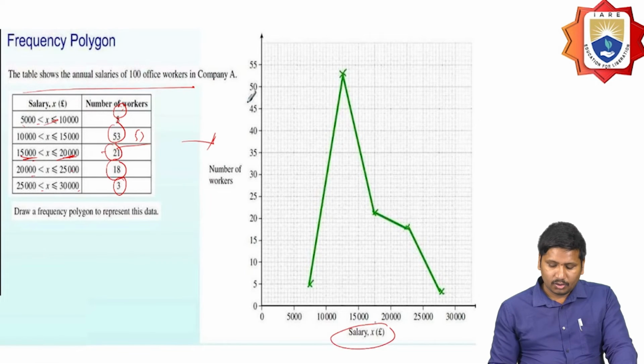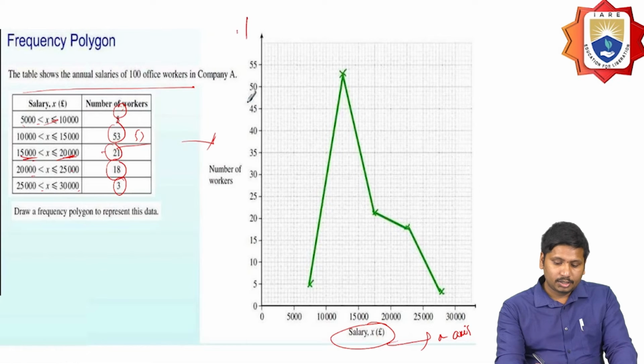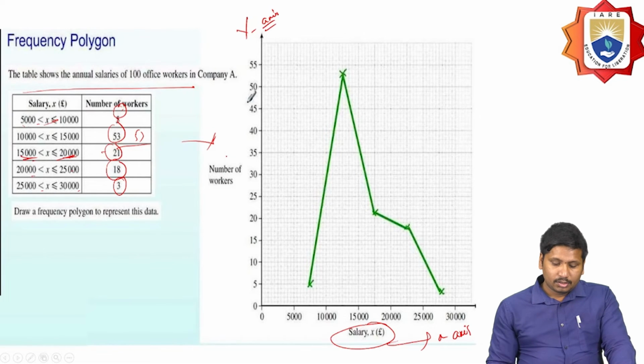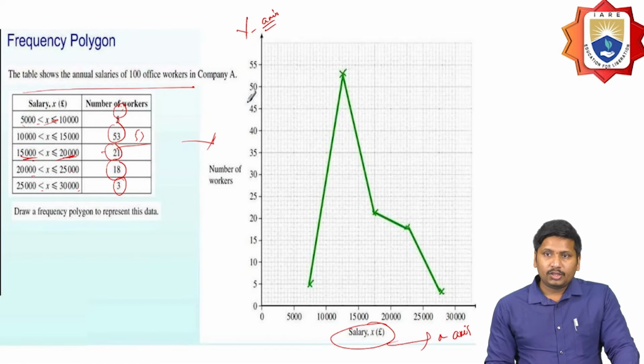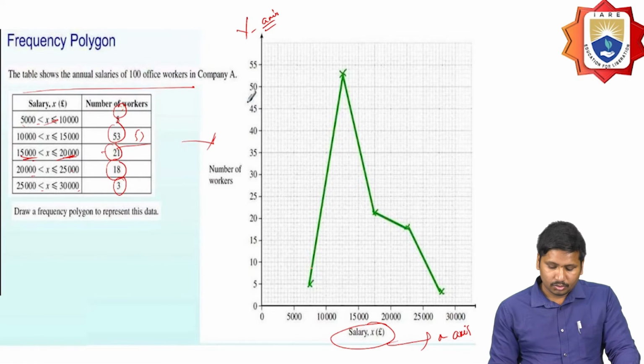Take salary on the x-axis here, and consider number of workers on the y-axis. So salary in between 5,000 to 10,000, the middle part, right? So how many? 5. So try to mark this.